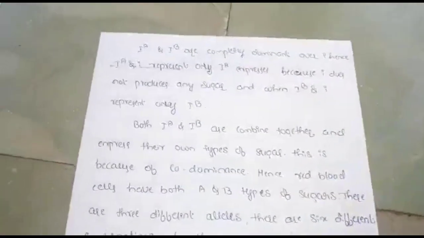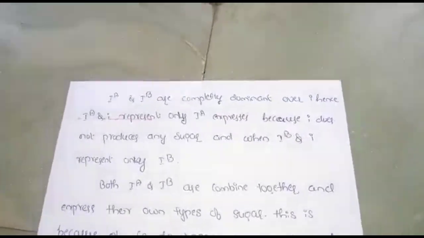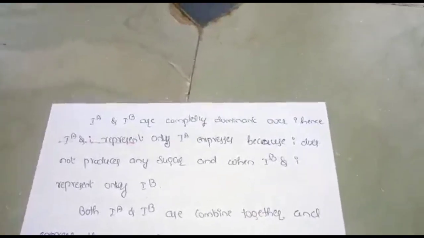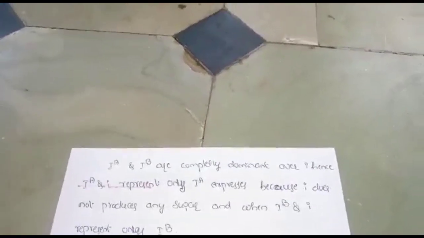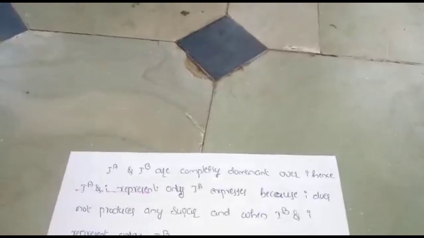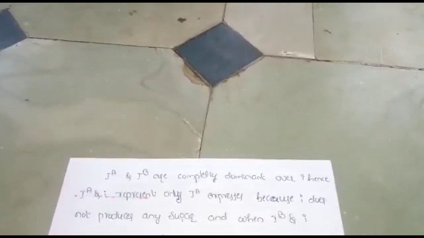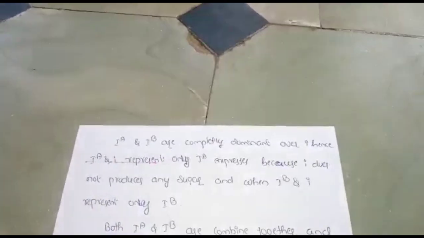Capital IA and capital IB are completely dominant over small i. Hence, when IA and small i are present, it expresses the A blood group, because small i does not produce any sugar molecules.